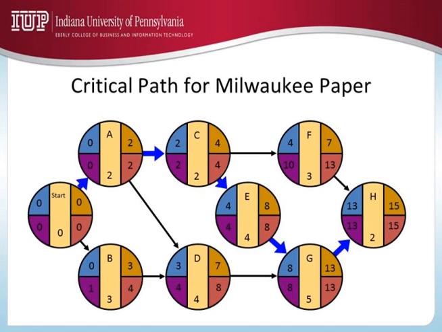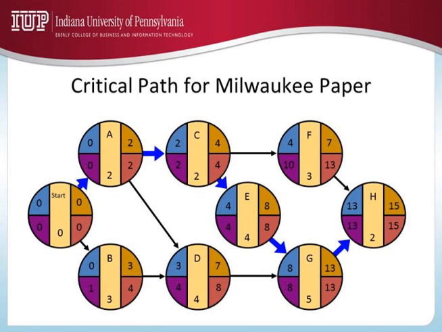So with this, let's go here and calculate these particular numbers. So like I said, first we'll go in the forward pass to identify earliest start and earliest finish. What is the earliest I can start activity A? No immediate predecessors.